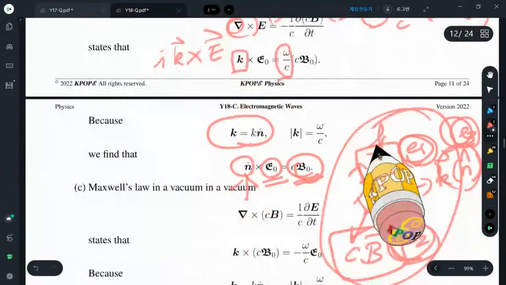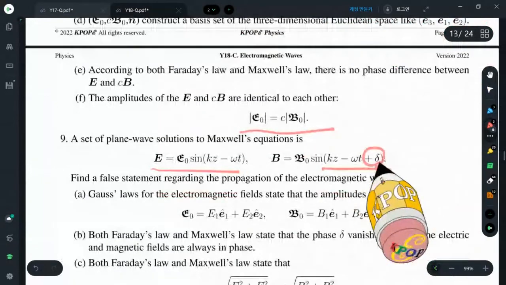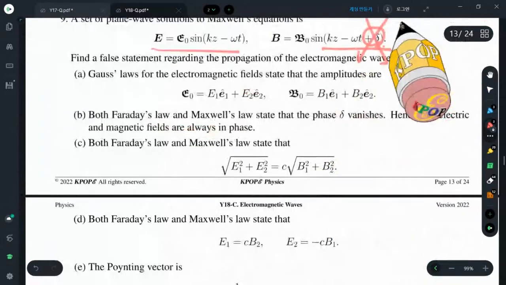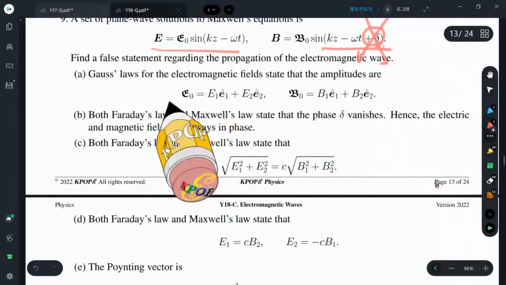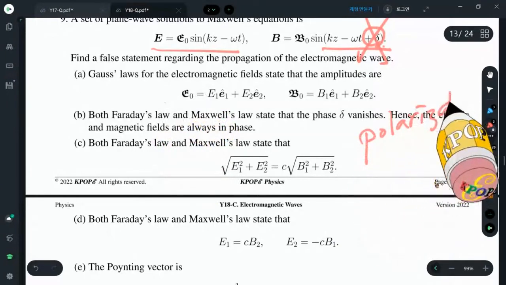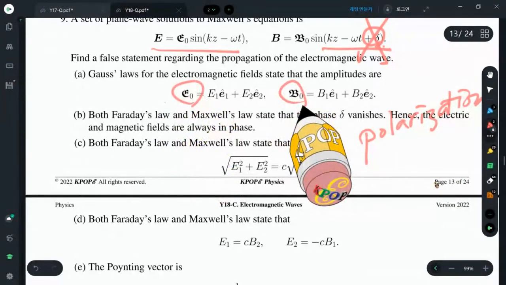So electric field and magnetic field are in phase. This delta must not be there. They are in phase. We call it a polarization vector, the polarization vector of the electric field and magnetic field.